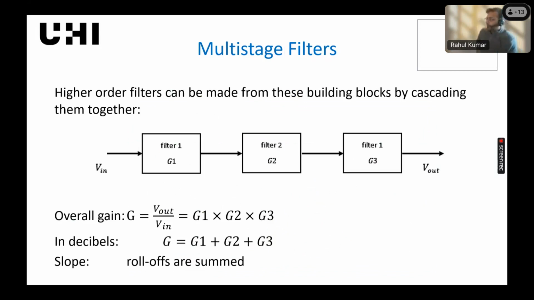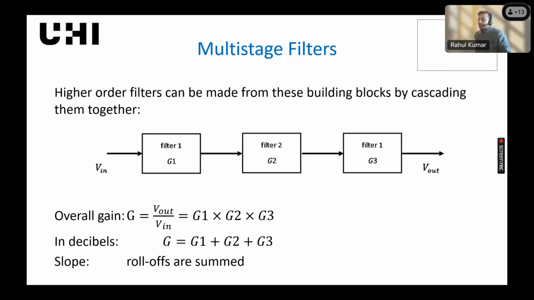Now, the next thing is multi-stage filter. We can have a different response or slope or roll off by having higher order filters. Just now we saw for the second order Sallen-Key filter the slope is -40, or we can have a higher roll off.